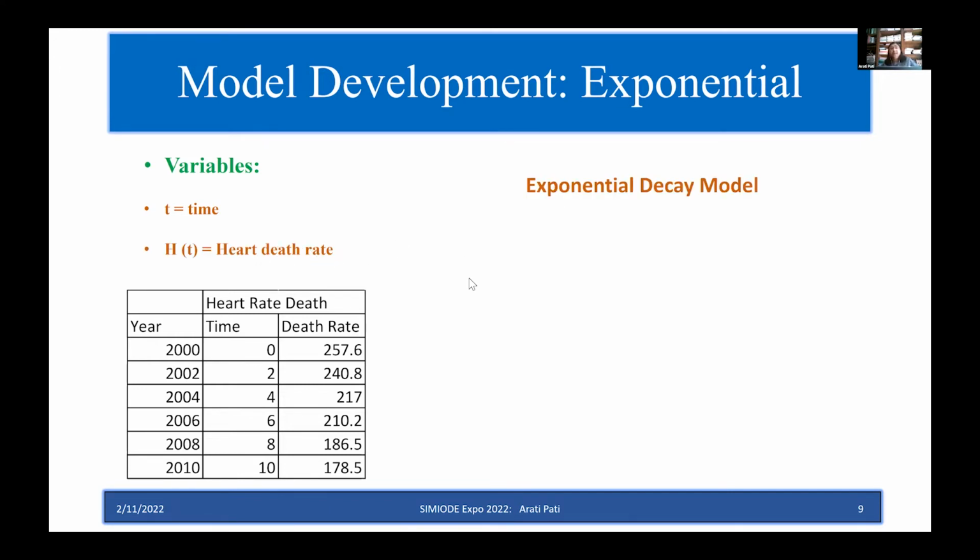As I see from the picture that it is decreasing, I can write down one algebraic equation which is exponential decay. So H(T) is given by H0 times B to the power T, where H0 is the initial heart rate, which is 257.6, and B is the unknown base we want to find out, and T is the time.